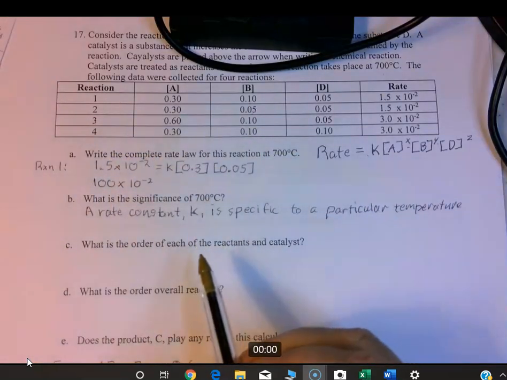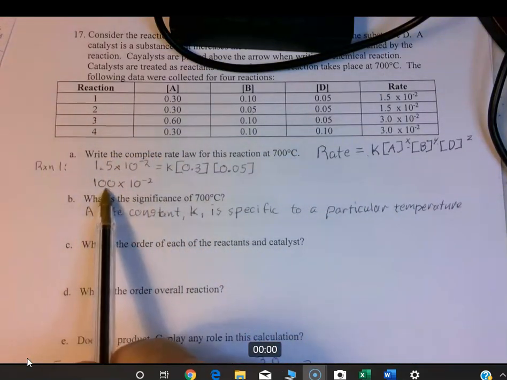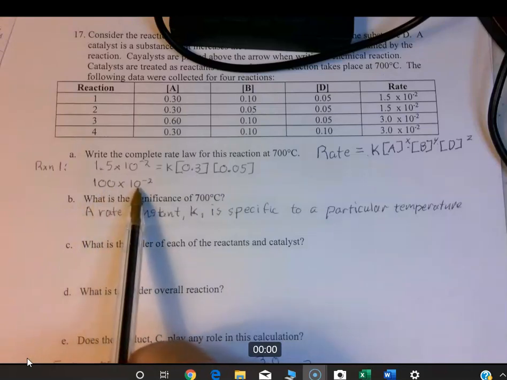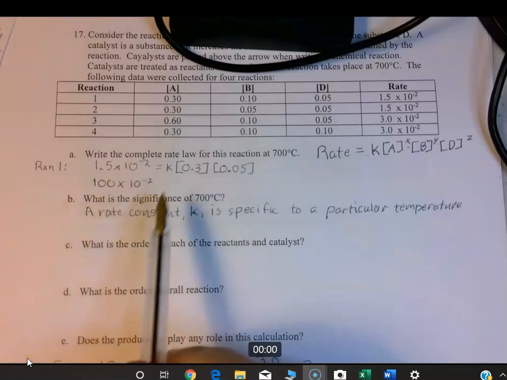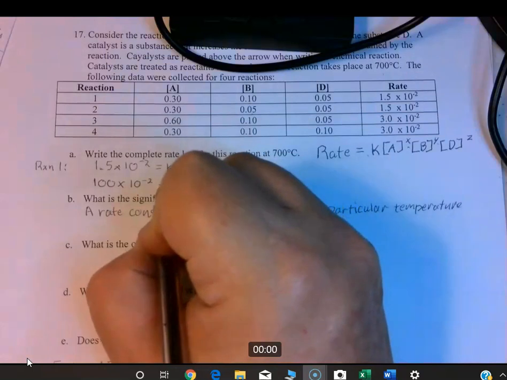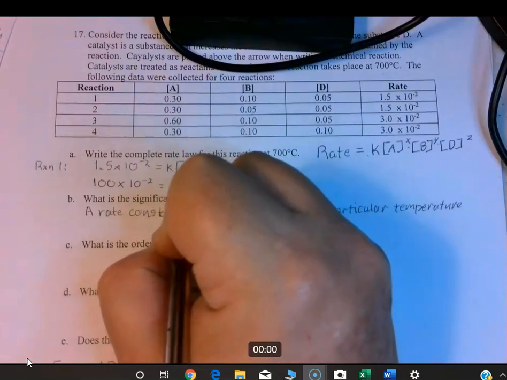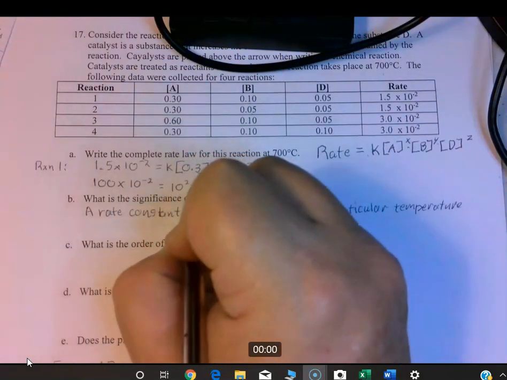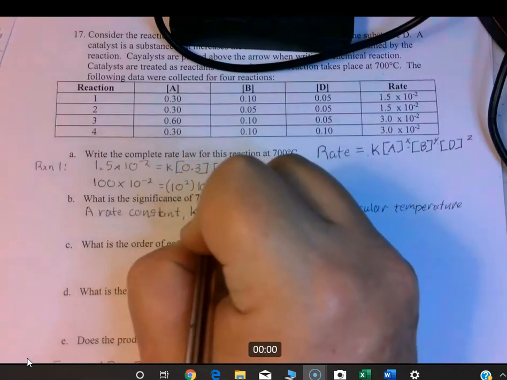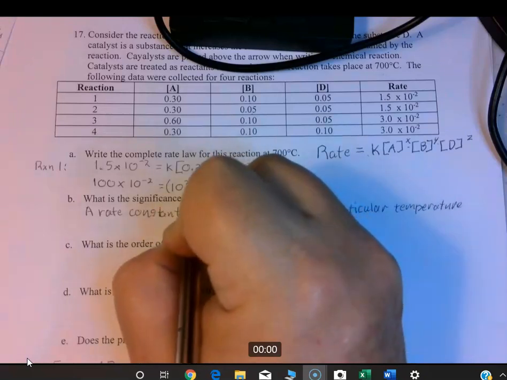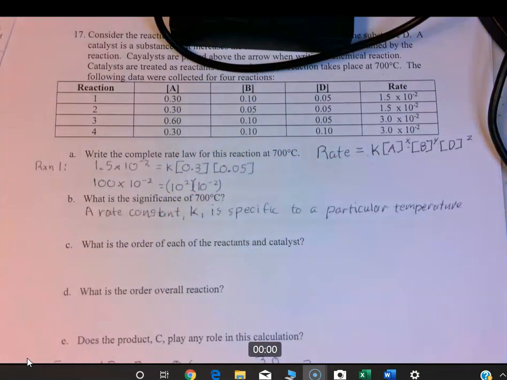Okay, so 100 is 10 to the 2 times 10 to the minus 2. If you know how to deal with exponents, it's positive 2 minus 2 is 0. So it's basically, let me write it like that, be sure you're clear on that. 100 is 10 to the second times 10 to the minus second. So how do you deal with those two exponents?